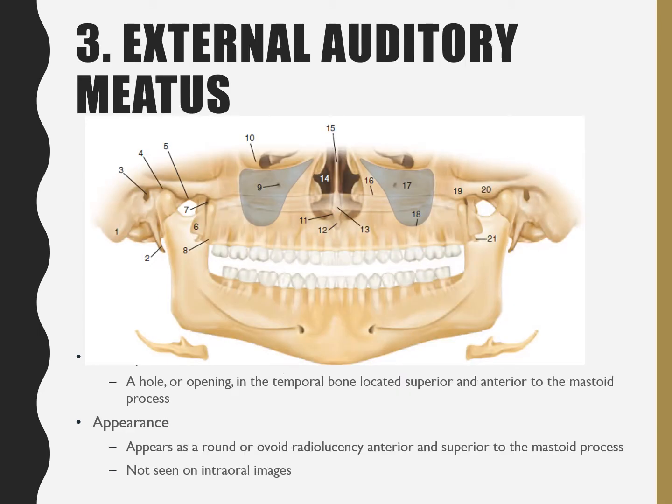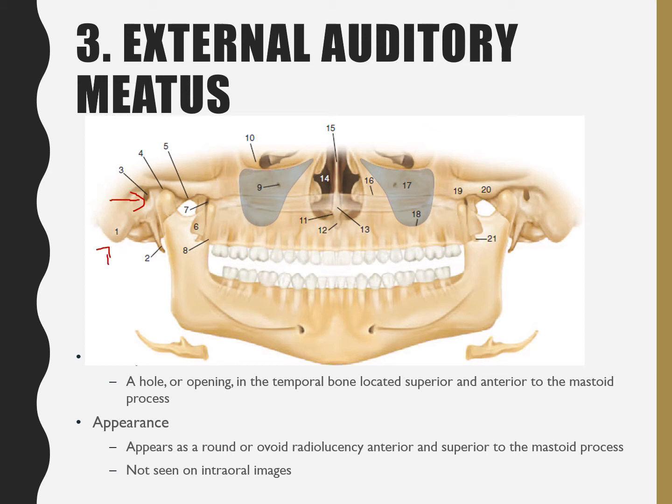All right, number three is the external auditory meatus, this one right here. This is a hole or opening. Anytime you see the word meatus, it means an opening. In the temporal bone, it's located superior and anterior to the mastoid process, right? So above and forward from the styloid process back here.